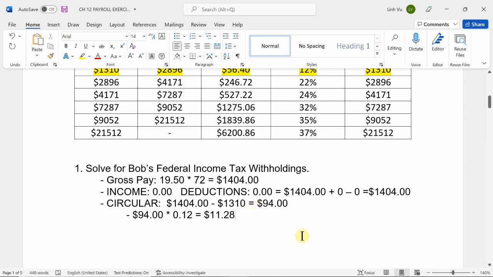Then they will take from him the tax of 11.28, right? Yes.